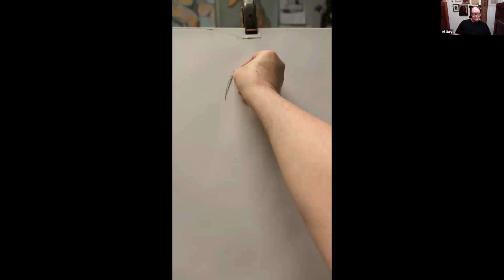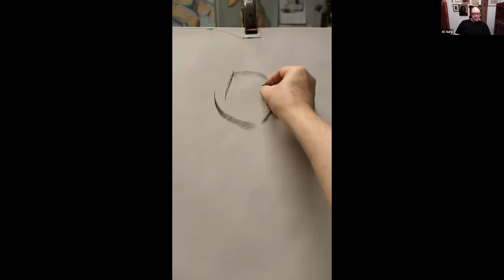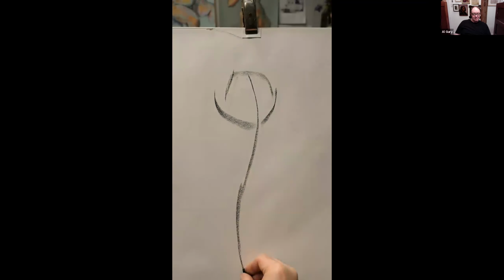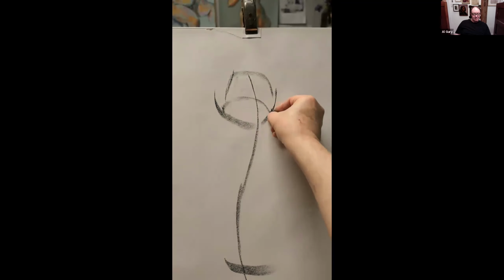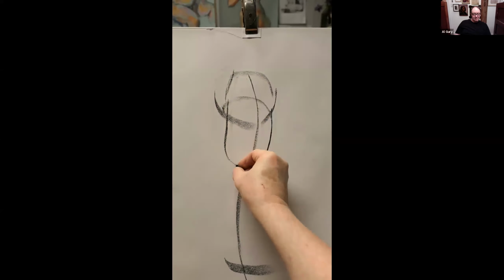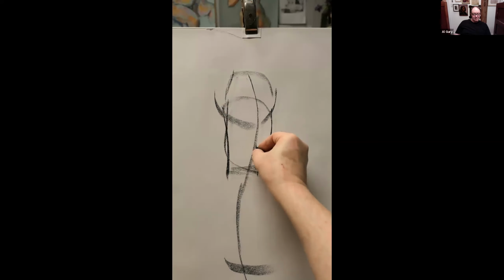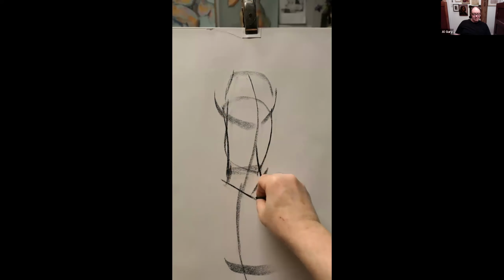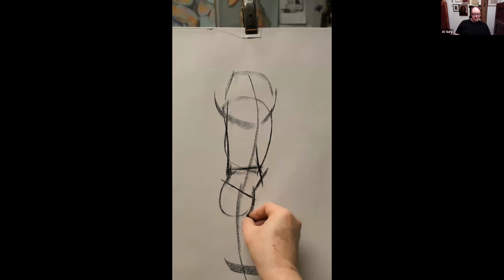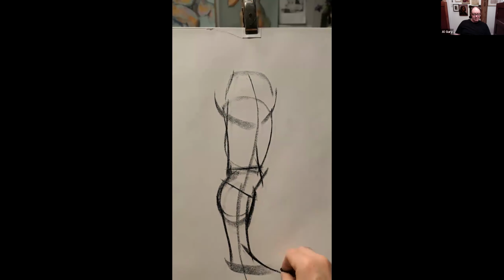If I draw a pelvic shape and I create the gesture of the limb, then the shapes of the leg, tapered rectangles. The knee is a particular kind of structure. That's a trapezoidal block. And then the calf, a full volume, the lower shaft of the lower limb, and then joining the foot, which we'll talk about also in another video.